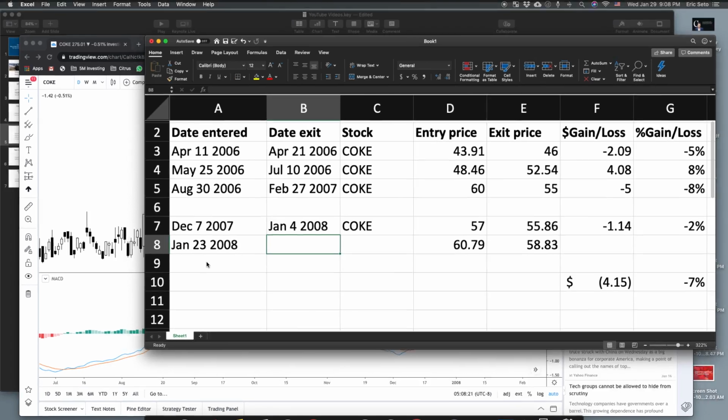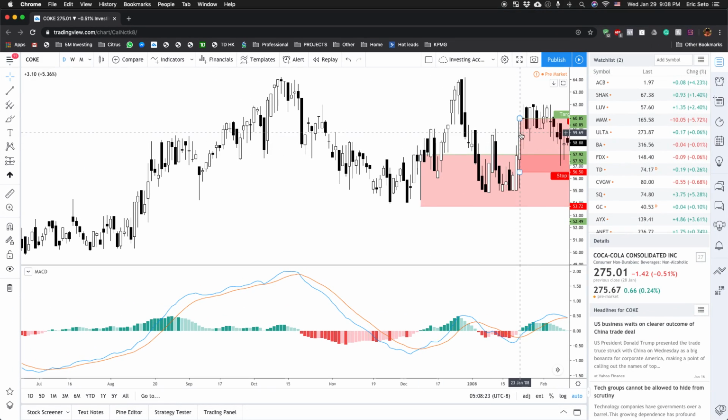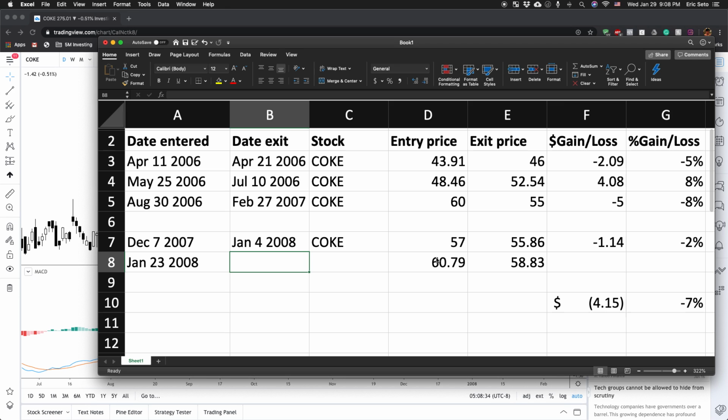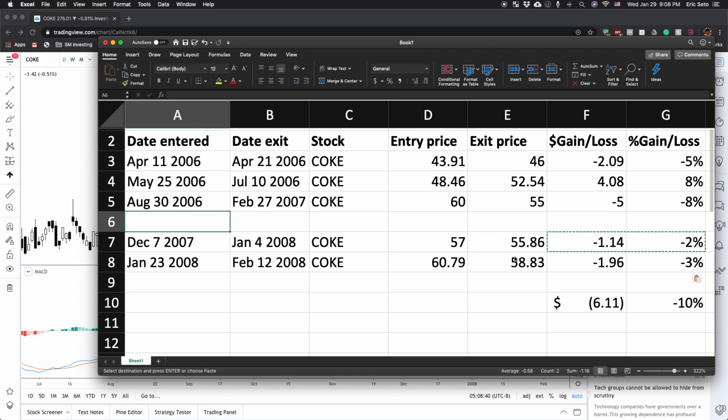So you can actually cheat a little bit because if you look at the year and you remember what happened in that year, then you can actually be more careful. But in this case, I'm going to assume I actually don't know what's happening that year. February 12th, 2008. All right, so again, you can see that I'm losing money using a crossover.